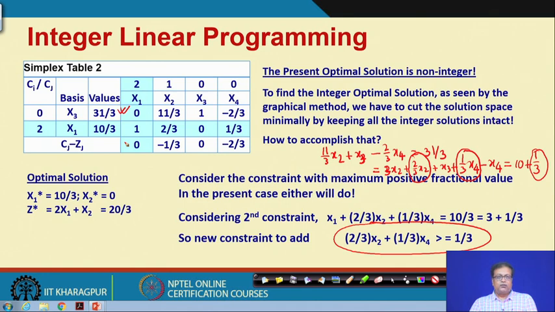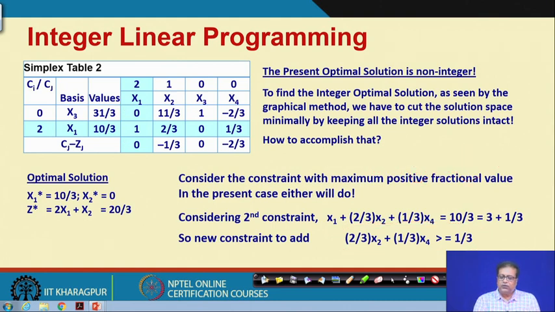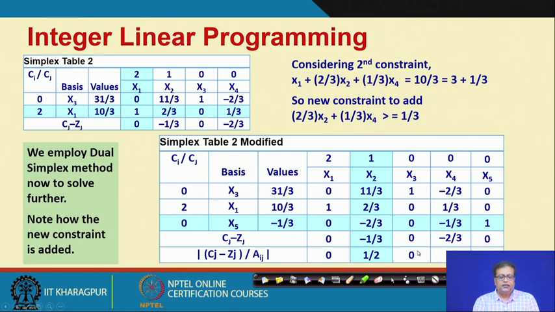And depending on that the procedure may be a little more lengthy or less lengthy, but whatever it may be, the solution should be possible to find. Fine. So, we know the constraint to add. Let us move over to our next slide and see how we add the new constraint.